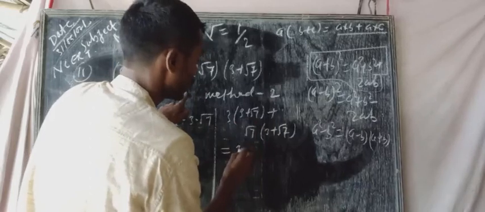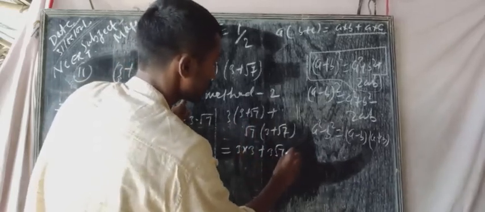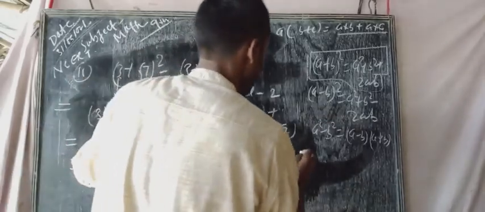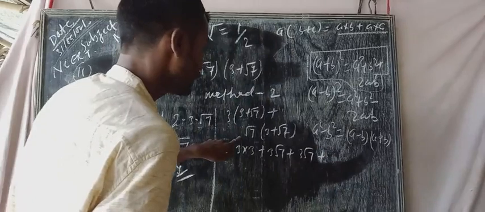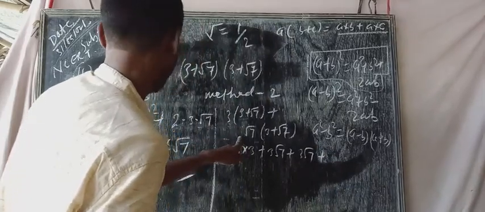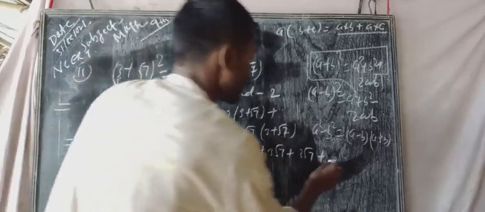Now 3 into 3, plus 3 into root 7, plus 3 into root 7, plus root 7 into root 7.